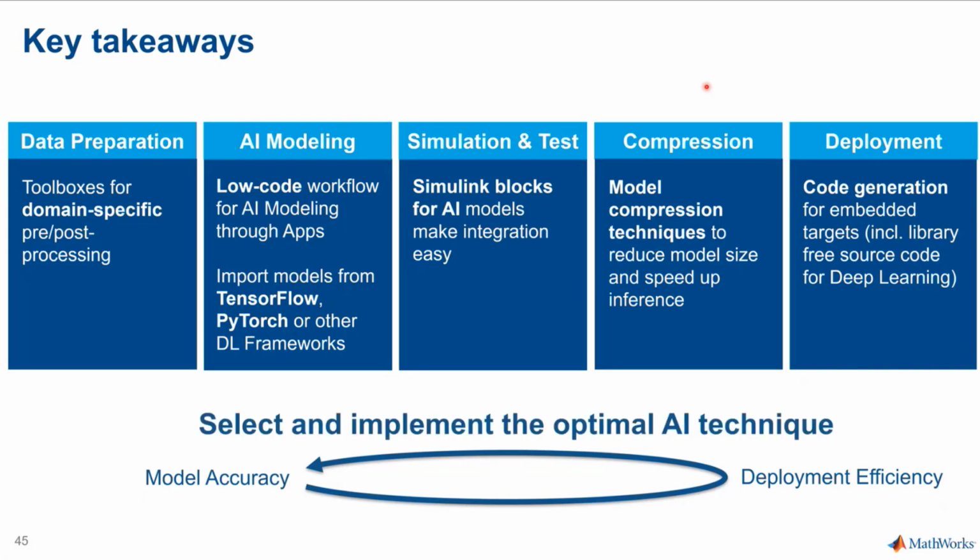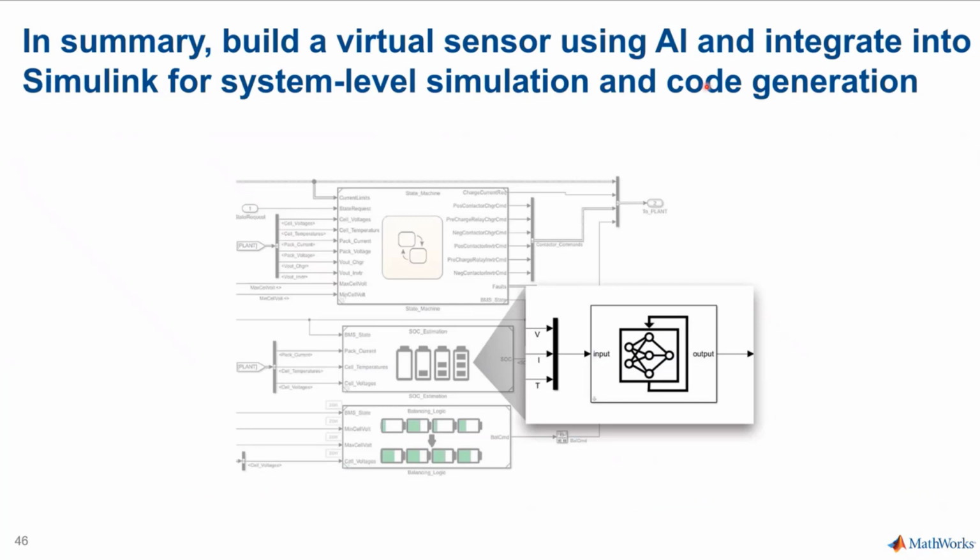So select and implement the optimal AI technique for your application. And always keep the deployment step in mind when you do that. So you already know what the target is and what sizes of models are acceptable for your target.